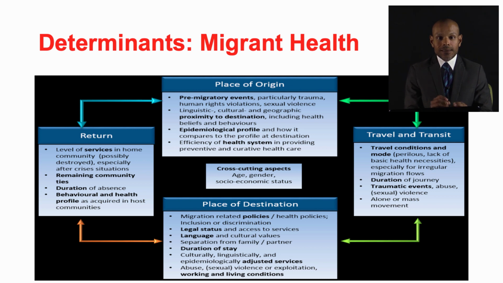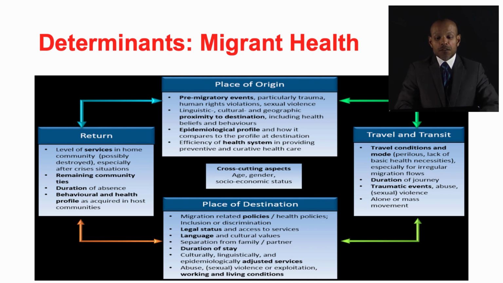The origin then helps to determine what will be the destination, depending on linkages, depending on established routes. Sometimes in destination or host countries that already have migrants from the country of origin, that tends to be more of an open path towards migration.